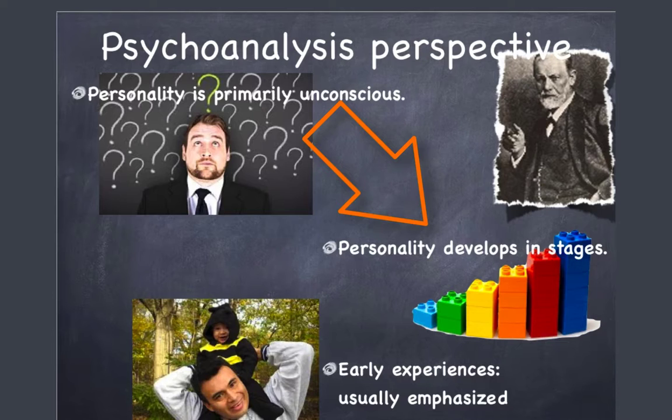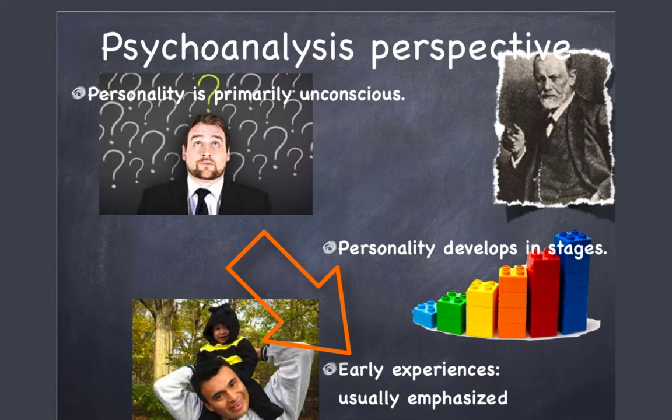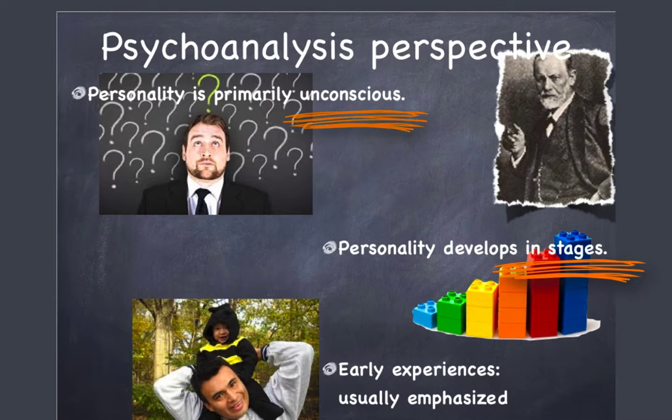And they occur in stages, so over time they can evolve into more mature personality traits. Most psychoanalytic perspectives emphasize that early experiences with your parents play an important role in sculpting personality. So the three primary elements introduced by the psychoanalytic perspective are that personality is primarily unconscious, it develops in stages, and early experiences are the most important in regards to where our personalities come from.